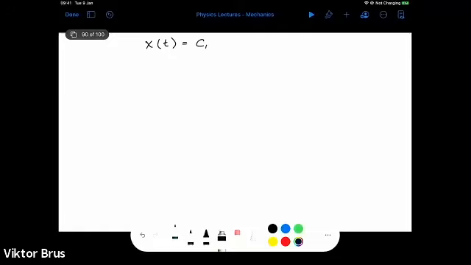So it should be constant 1, like C1, times cosine of square root of k divided by m, it's actually based on our solution of the characteristic equation, times t, plus C2 sine of square root of k divided by m times t. So don't ask me why this is the case.